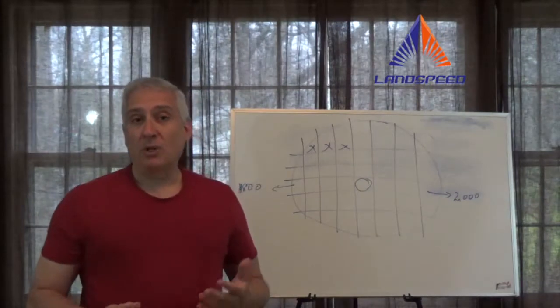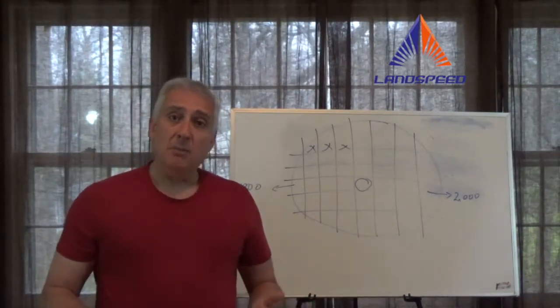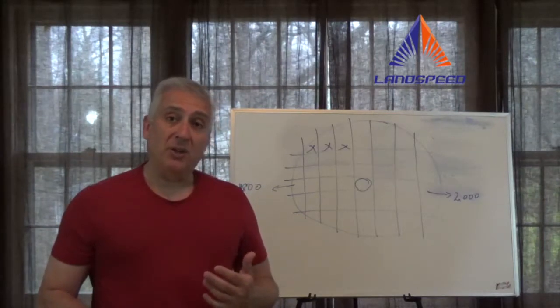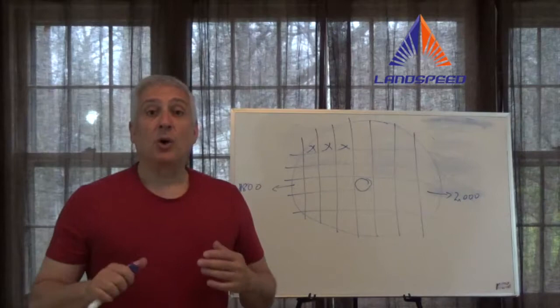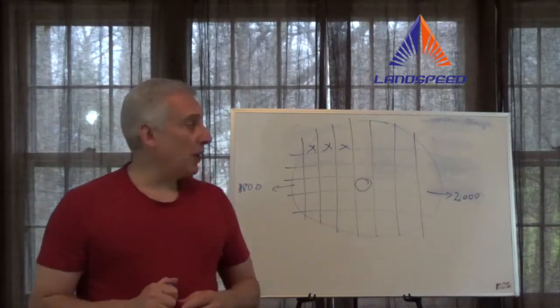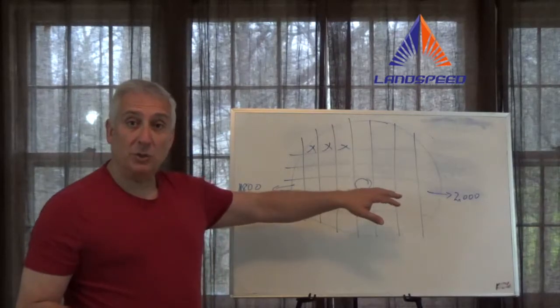Sometimes, though, it's hard to find subdivision data. Well, that's okay, because there are other ways to do it. Within the mapping system, there are things called section, township, and range. There's ways of putting a grid system over the map, and you can actually do this in Google Earth.